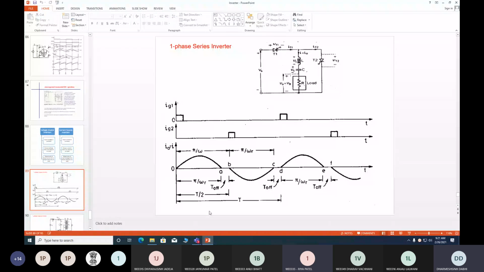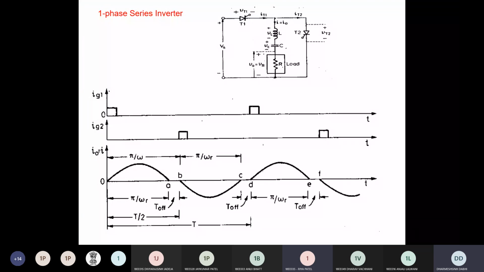Sir, between A and B, this gap, please explain it again. Why is it there? Okay. So as you all know, each and every semiconductor device requires turn off time. Clear? When the current flowing through the thyristor becomes 0, it doesn't mean that at the same time your thyristor is completely off.